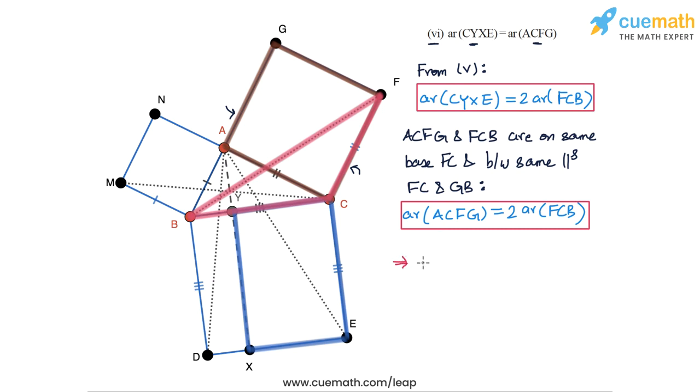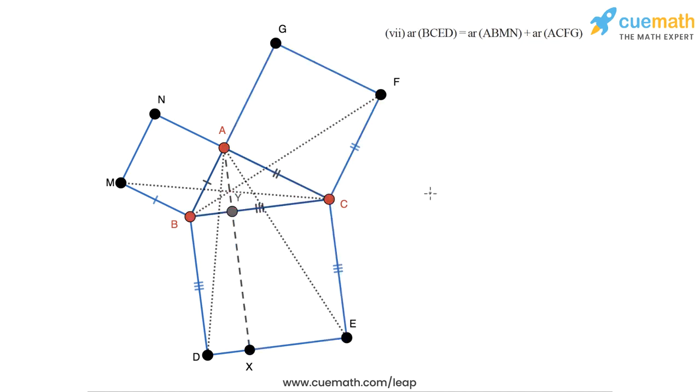From this we can conclude that the area of the rectangle CYXE is equal to the area of square ACFG, which is the square on side AC. So this proves part 6.